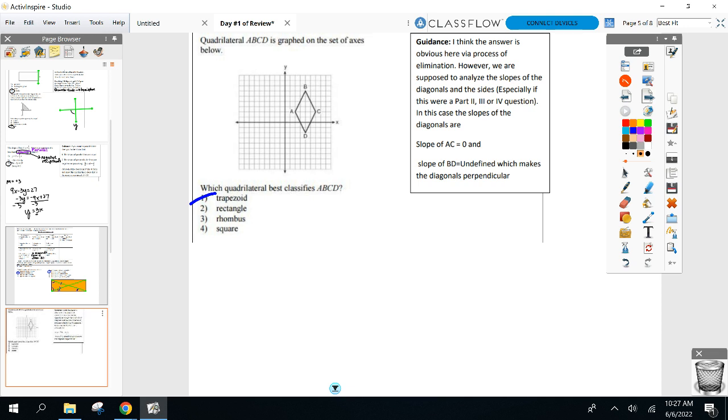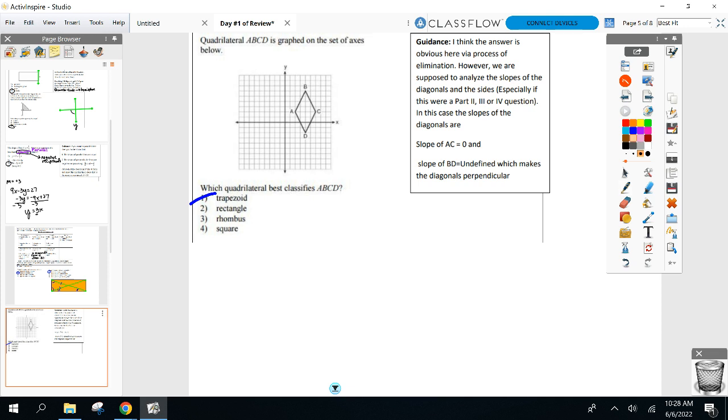Like, how am I going to know which one it is? Just guess? Cripe, if they put diamond up there, I bet somebody would circle it, even though we've never talked about that. So how am I going to figure out, out of rectangle, rhombus, square, the diagonals? They all have something different with their diagonals, right? Rhombus, rectangle, square.